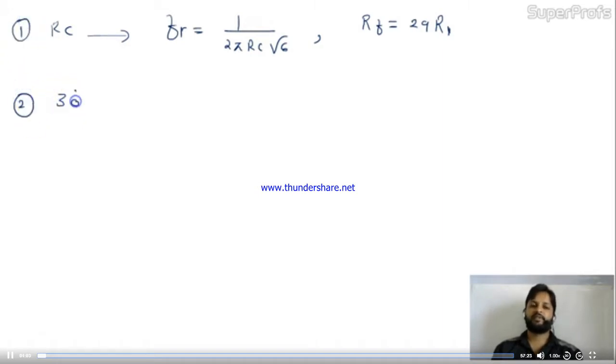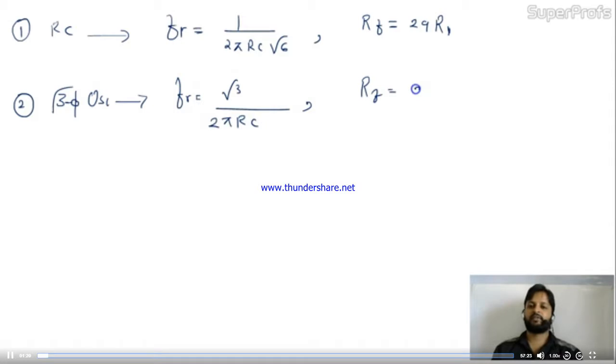Secondly, we have seen 3-phase oscillation. So in 3-phase oscillator, the frequency of oscillation was, this becomes root 3 over here, and this is 2 pi RC. No problem at all. In this case, the RF was 2 R1. Okay friends.